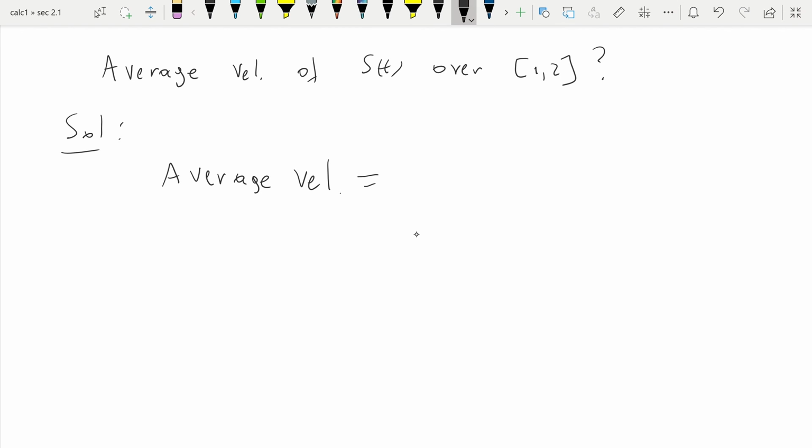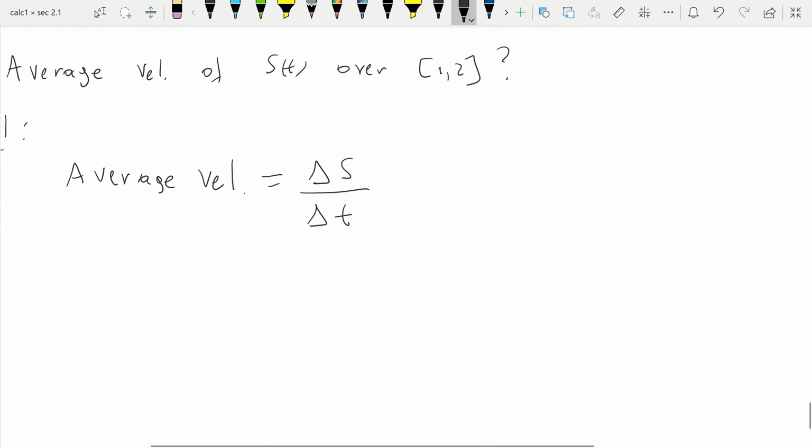Well, if you recall, it is delta f, the variation of the function, in this case s, so that's why we use delta s over delta t. This is the total change in s, so s at the point 2 minus s at the point 1, divided by 2 minus 1.